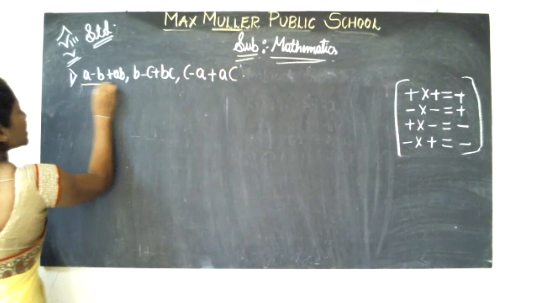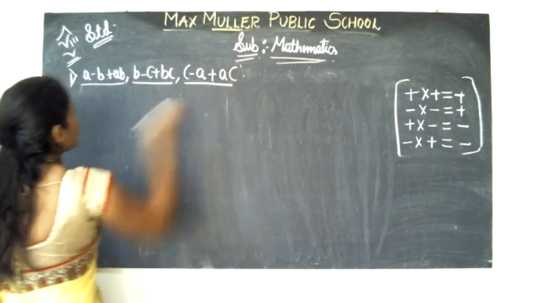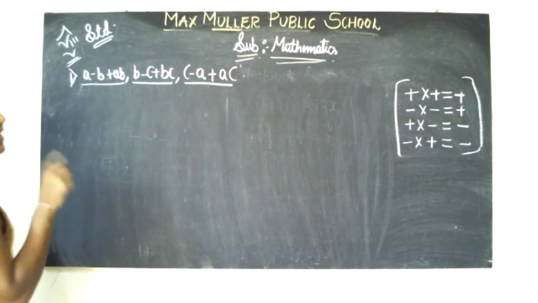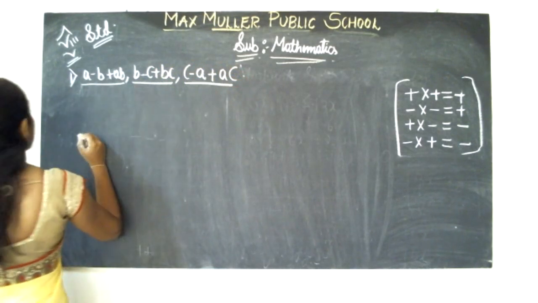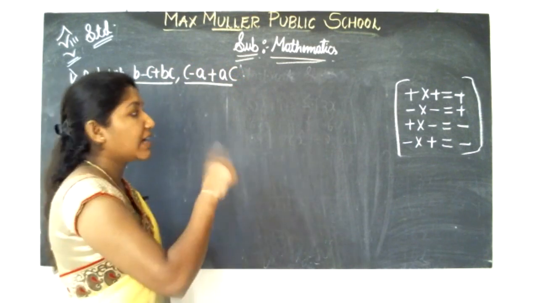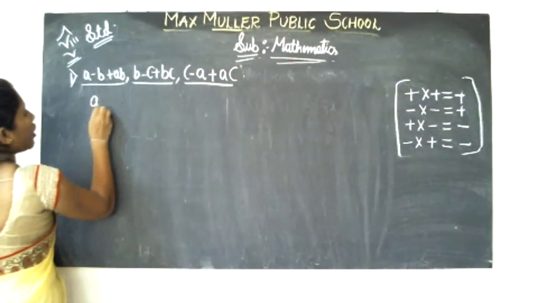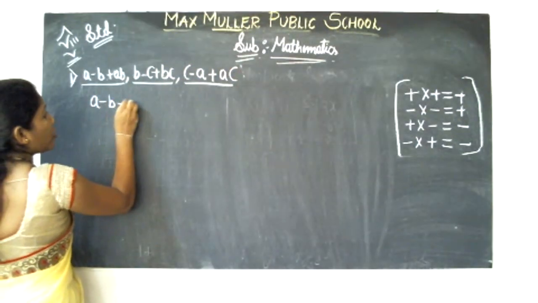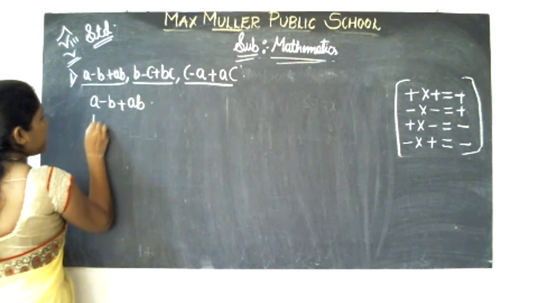See, this is one expression, this is one expression, this is one expression. Three expressions are given. You can take the first two and solve, or you can solve all the expressions at a time.